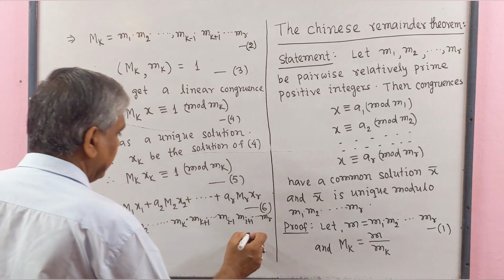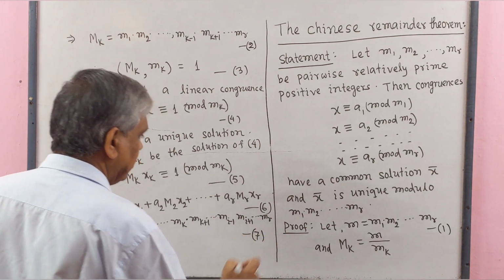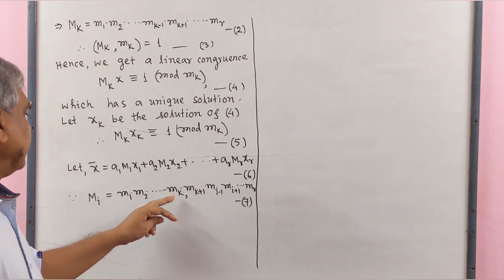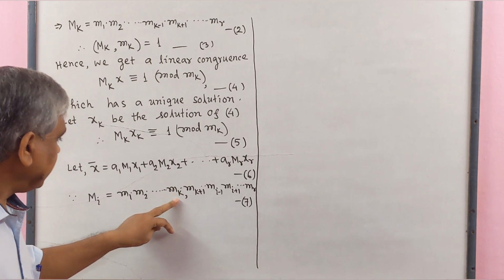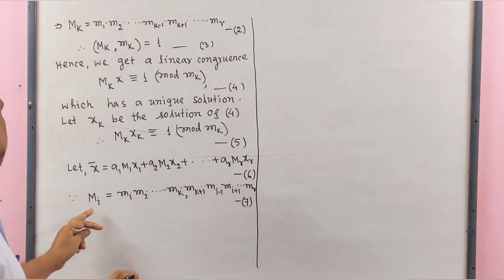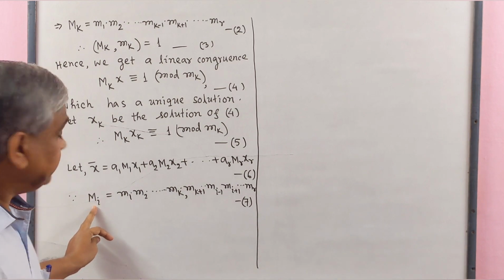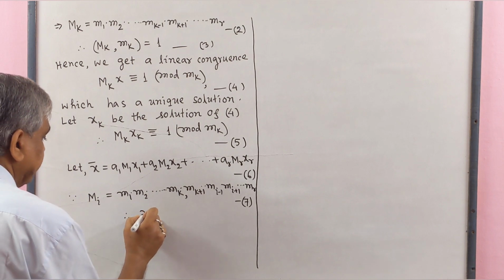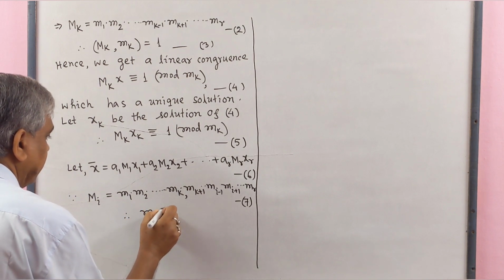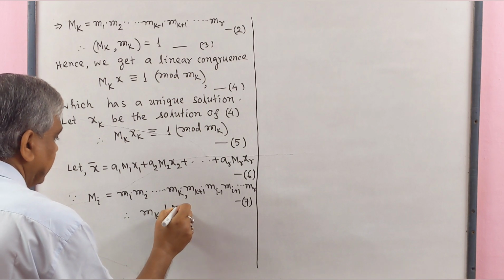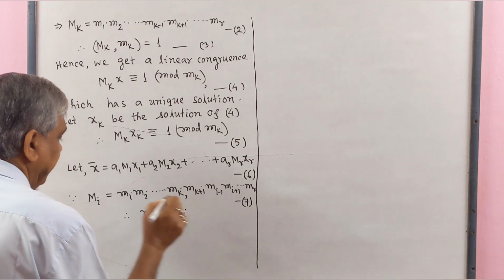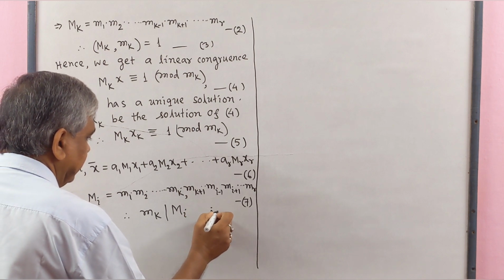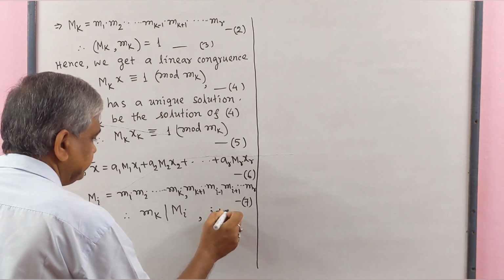Let this is number 7. Here we see that small mk is a factor of capital Mi. Therefore, mk divides Mi. Here i not equal to k.